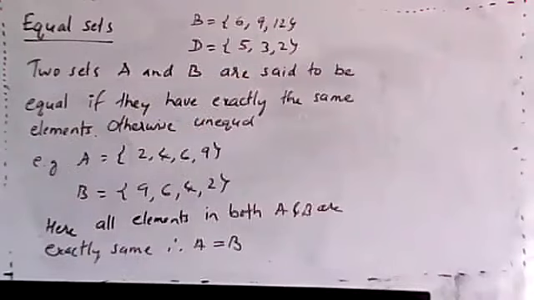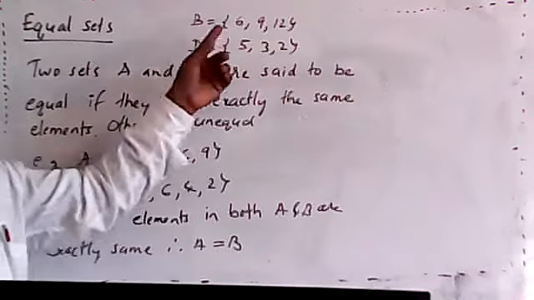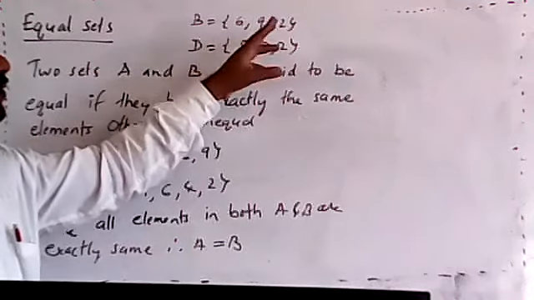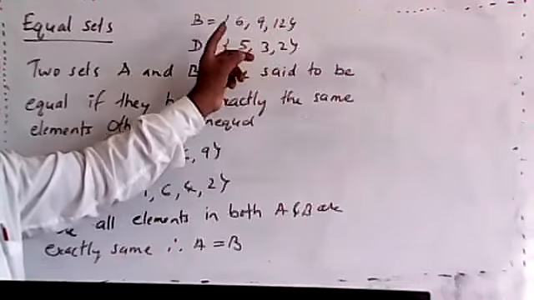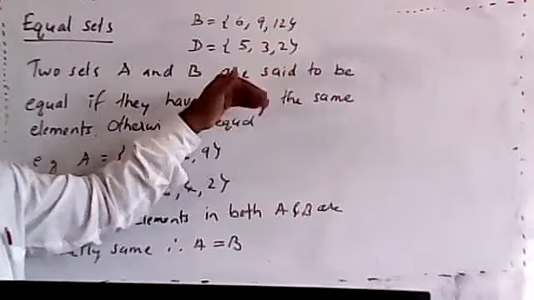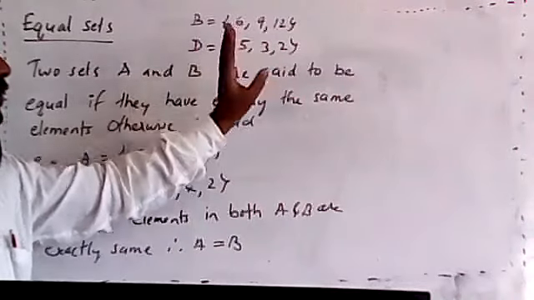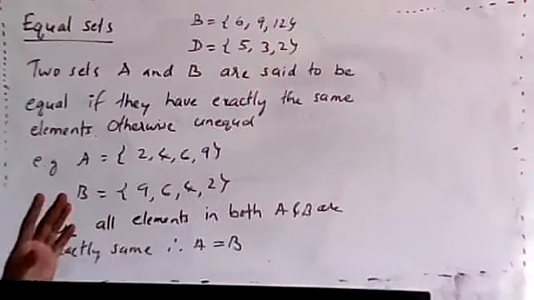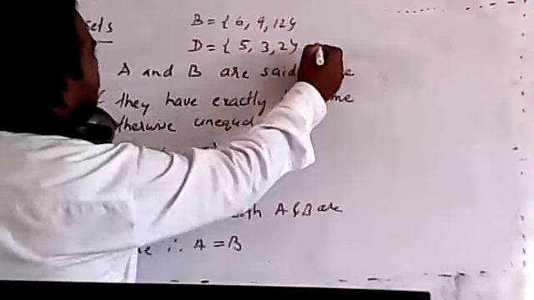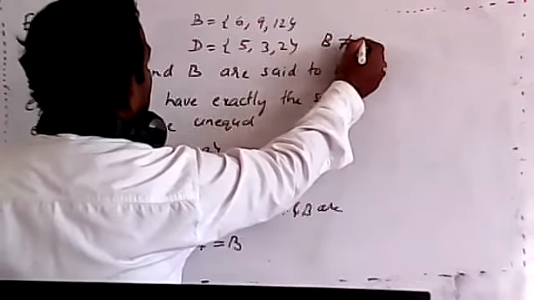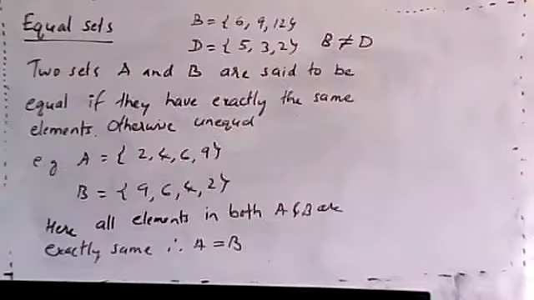For us to call them equal, they must be equal in numbers and also equal in values. So 6, 9, 12, but here 5, 3, 2. The three elements might be the same in number, but they do not have the exact same values. Therefore, they are unequal. Here we can see that B is not equal to D. Clear.